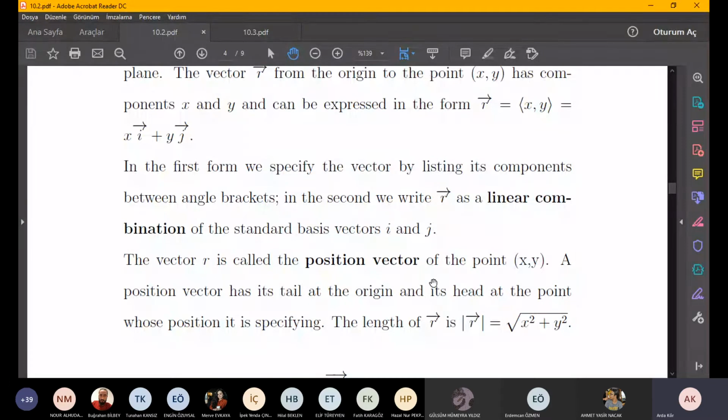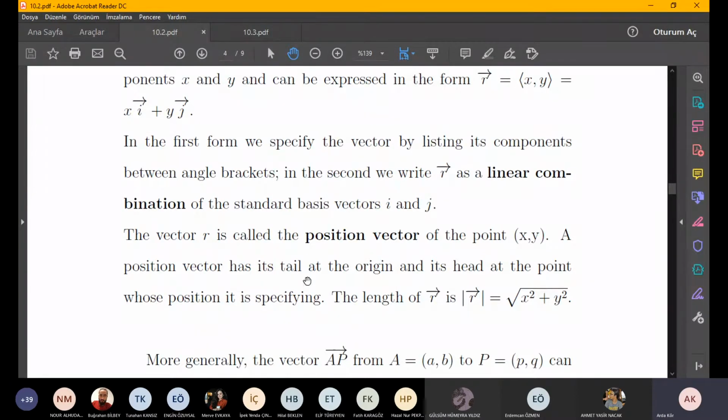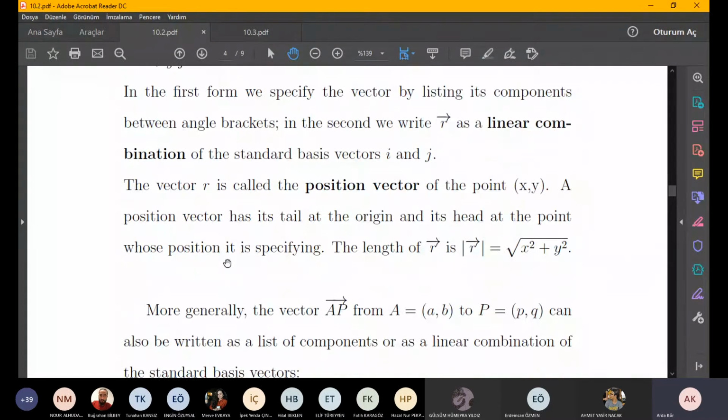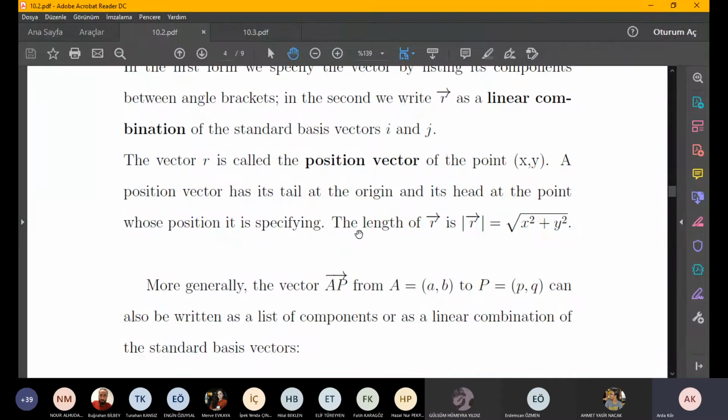We will call that vector r the position vector of the point (x, y). A position vector has its tail at the origin and its head at the point whose position it specifies, and the length, of course, will be the square root of x squared plus y squared. So this will be the length of the vector r in two-dimensional space.